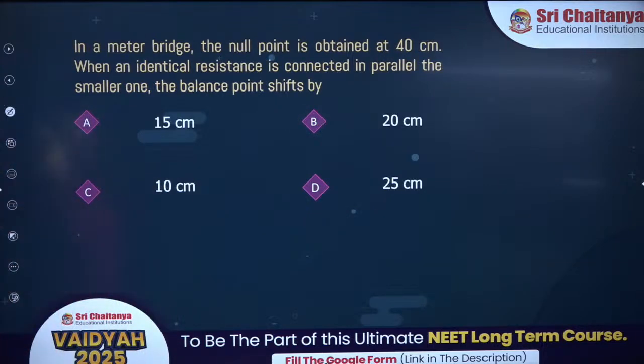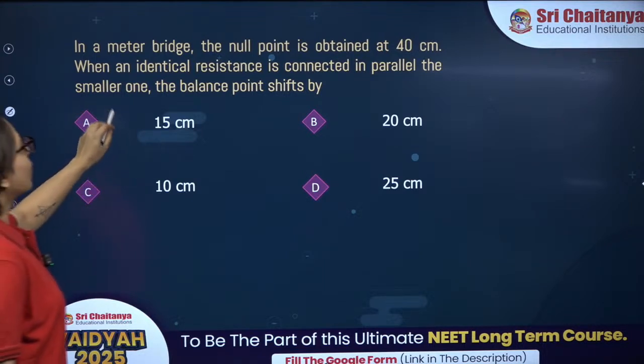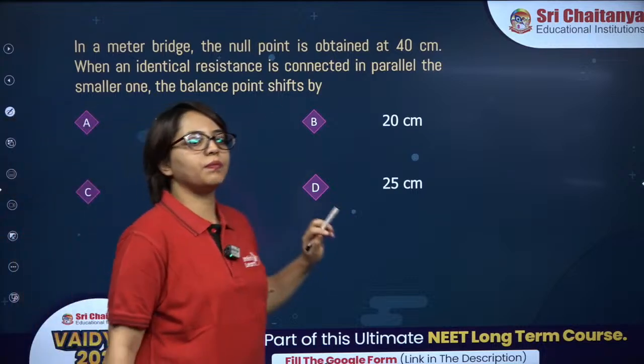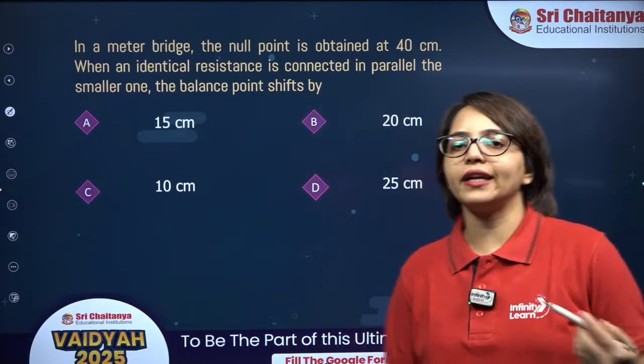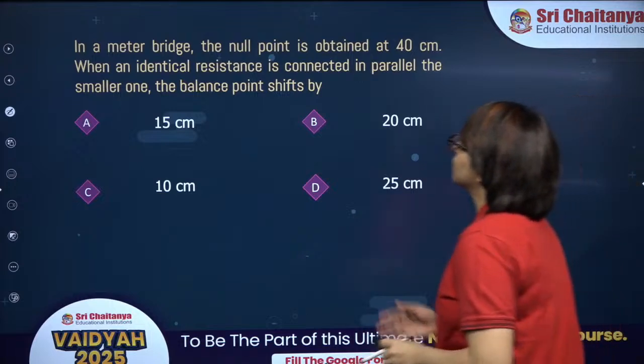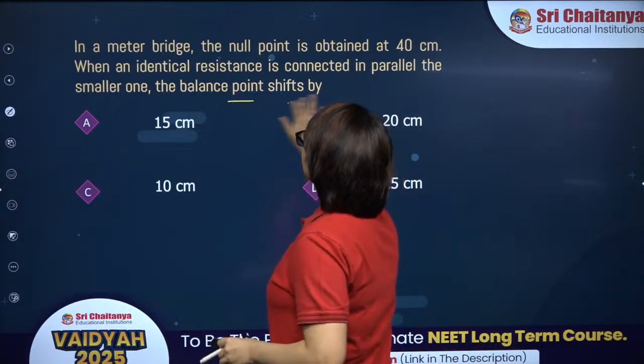In a meter bridge, the null point is found at 40 centimeter. When an identical resistance is connected in parallel to the smaller one, the balance point shifts by. You have to find, if you connect an identical resistance in parallel with the smaller resistance, by what amount the balance point will shift.